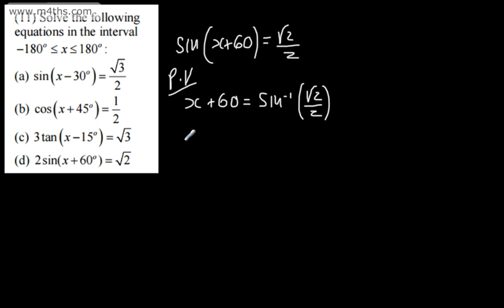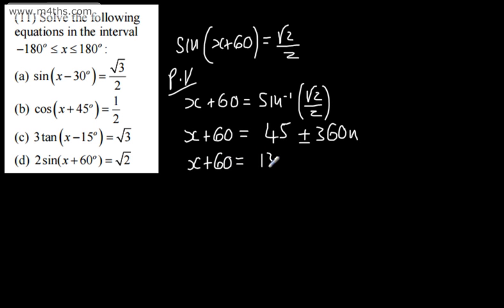Again, a nice value here. x plus 60 is equal to 45 degrees plus or minus 360 degrees, so we're just adding or subtracting multiples of 360. By symmetry, x plus 60 will also be equal to 45 back from 180, which is 135, plus or minus multiples of 360.